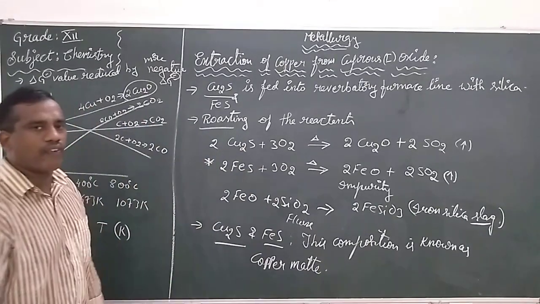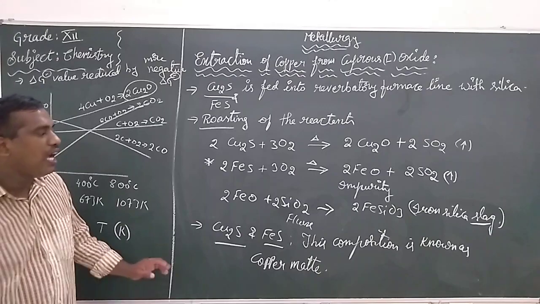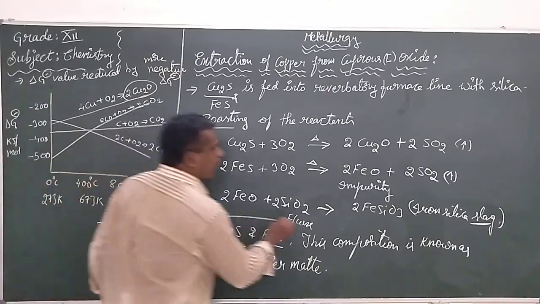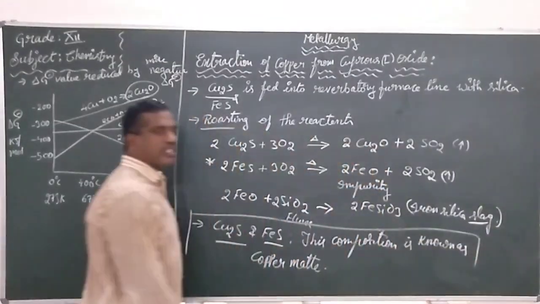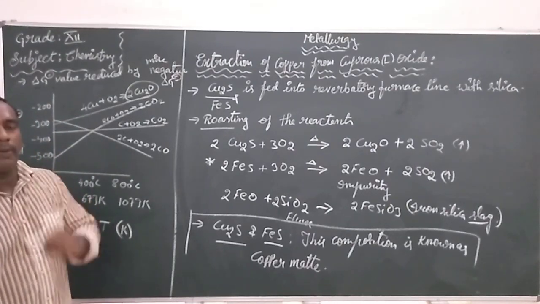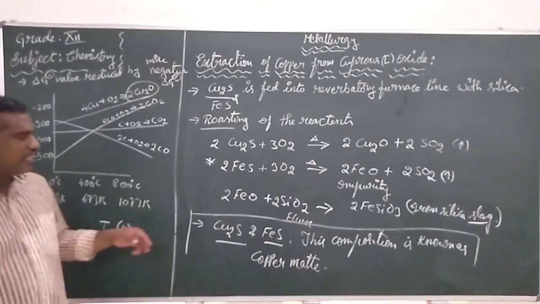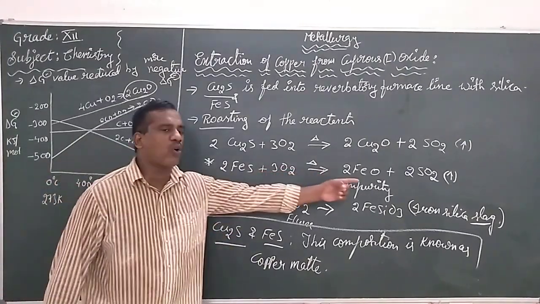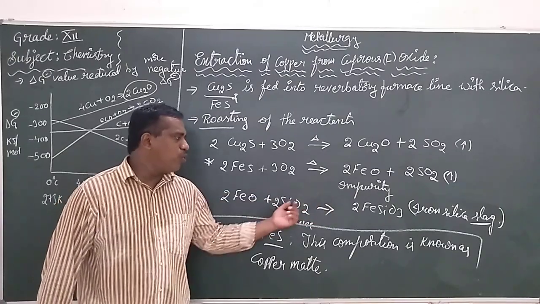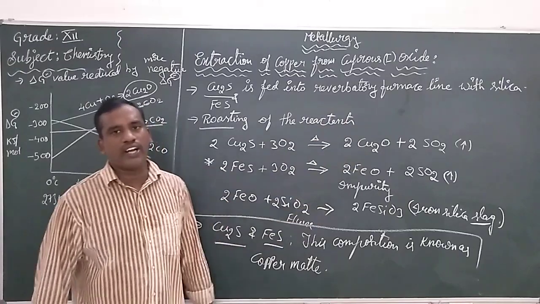The copper sulfide present along with iron sulfide is called the copper matte. Very important 1 mark question as well as objective question. Copper matte is the composition of Cu2S and FeS. This FeS went on for roasting and it was removed by the excess of silica added into the refractory furnace.